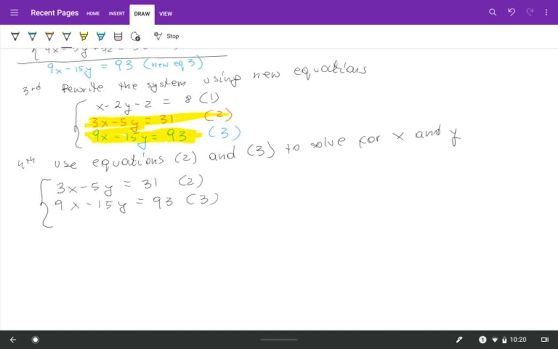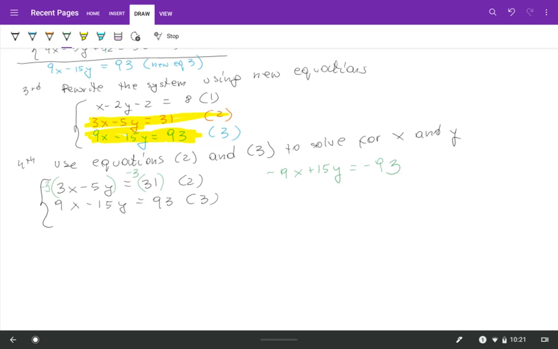So I'm going to multiply equation 2 by negative 3. So in front of x, I can have negative 9x and I can eliminate x. That will give us negative 9x plus 15y equals 3 times 31, which is negative 93.